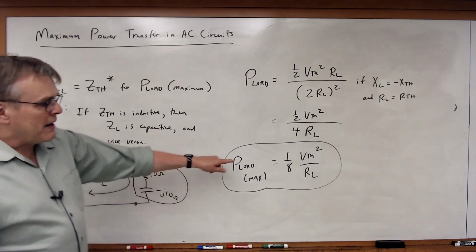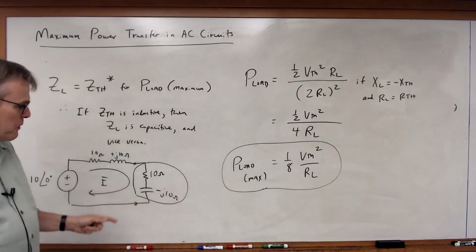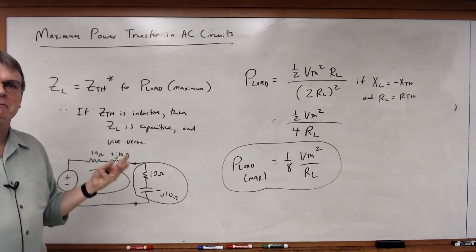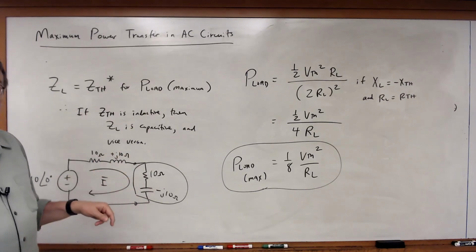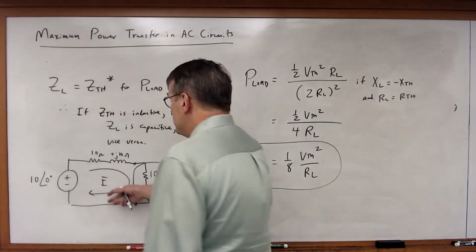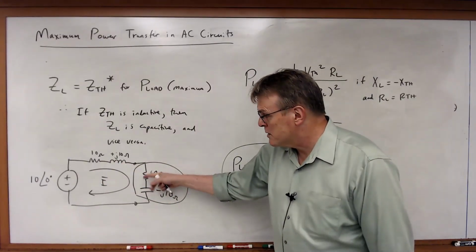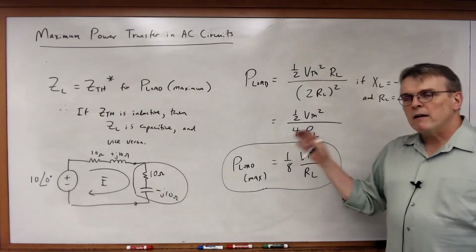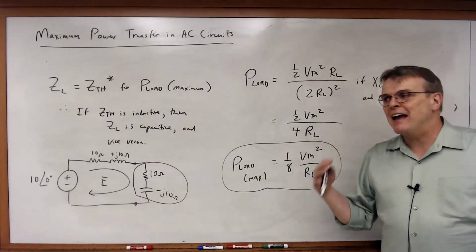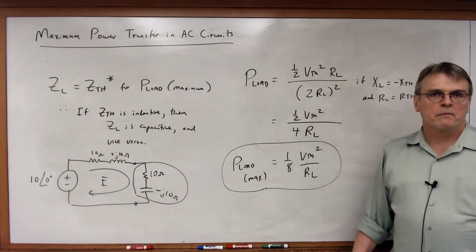So I don't normally tell people to try to memorize because memorization fails you. But if you understand how to calculate complex power or real power in a circuit with a complex impedance, then in this case it's very easy. Use phasor analysis. Calculate either the voltage across the resistor or the current through it. Just use the formula. So don't rely on memorization. Rely on the fundamental concept, and you can always derive the answer very easily.